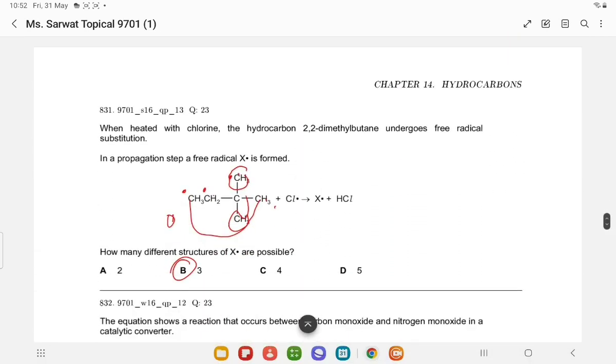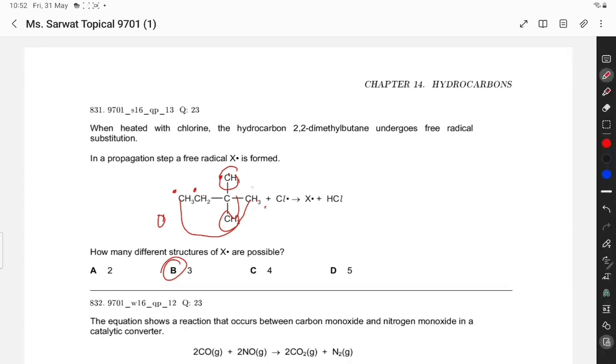Next question is, when heated with chlorine, the hydrocarbon 2,2-dimethyl butane undergoes free radical substitution. In a propagation step, a free radical is formed. How many different structures of free radicals are formed? Look at here, this is 1 and 2, so 1 2 3.